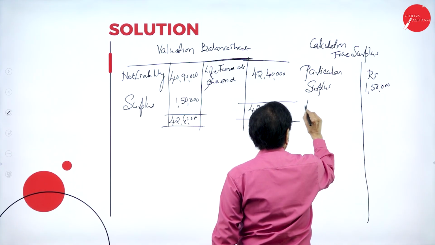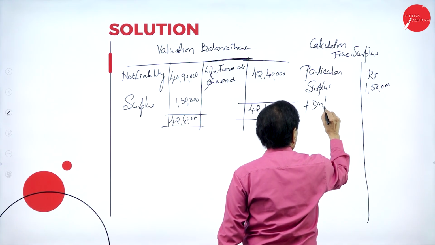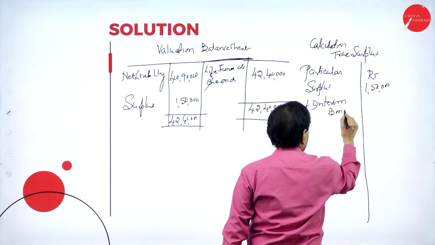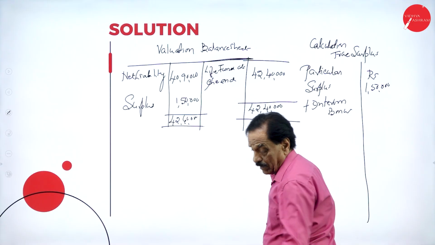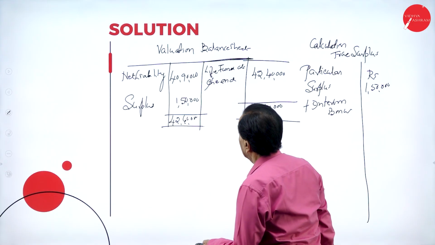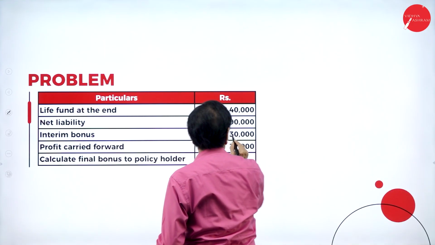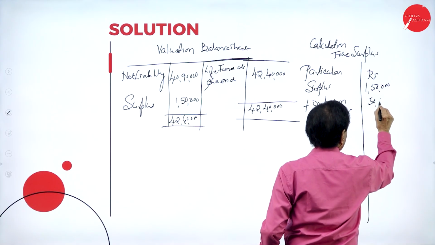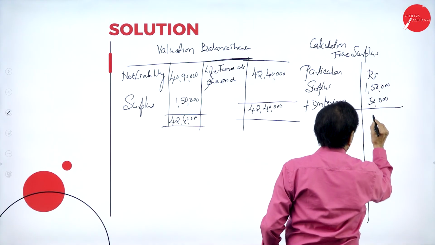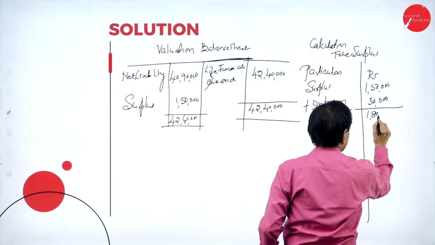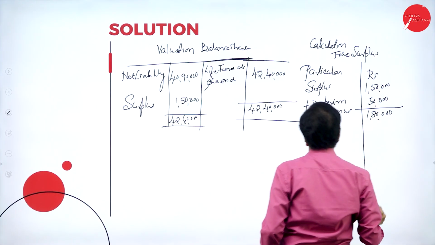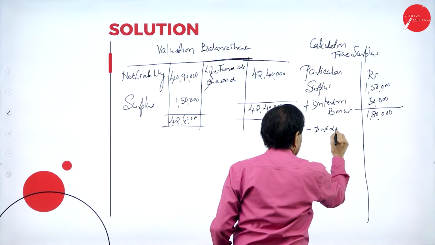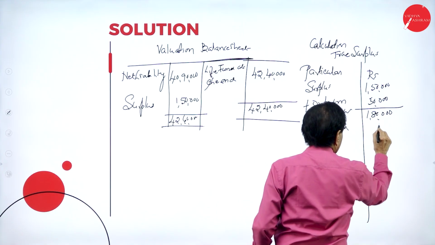Add interim bonus. What is your interim bonus? Interim bonus is 30,000. It becomes 1,80,000. Minus dividend, nil.